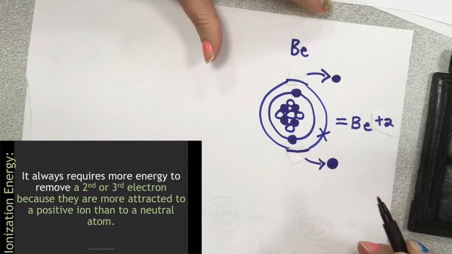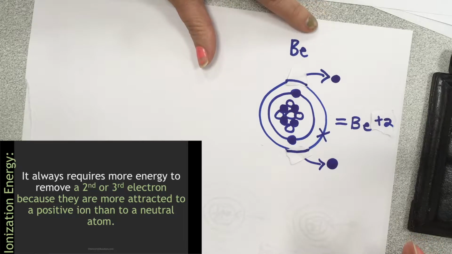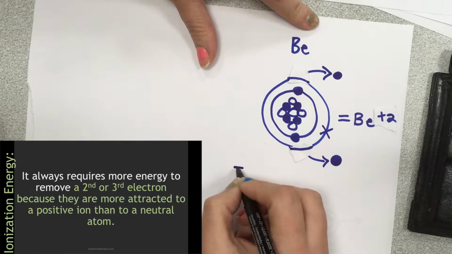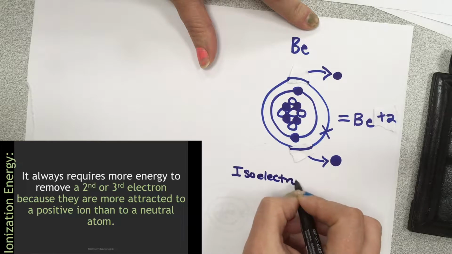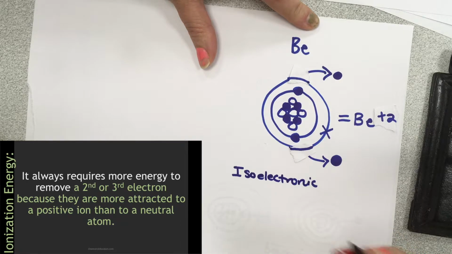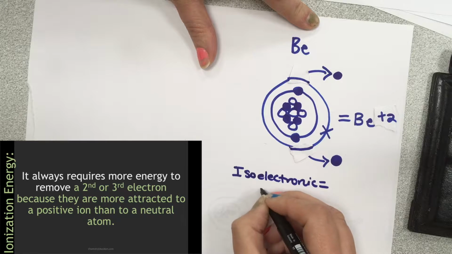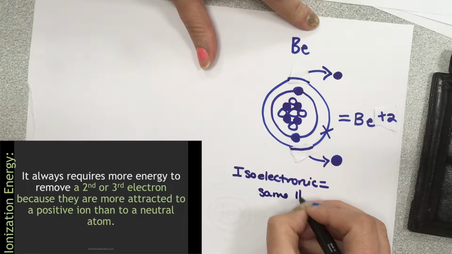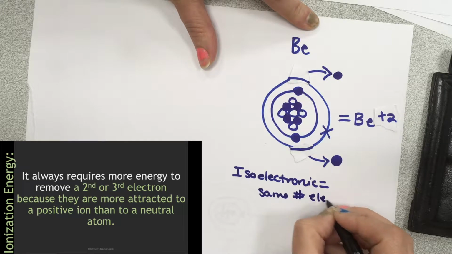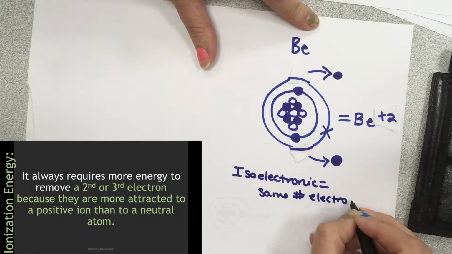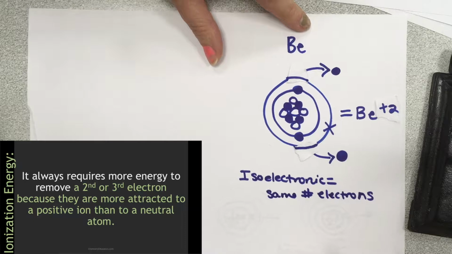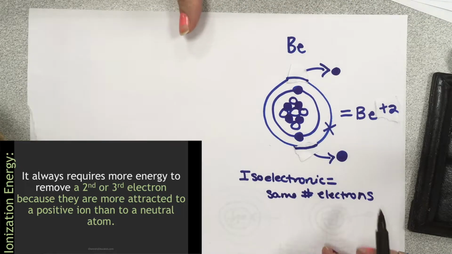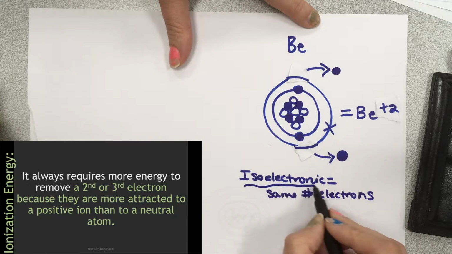So you're going to see a new word in the slide coming up, and that word is called isoelectronic. All that means is same number of electrons. That's all it means. Don't be confused by any of these words in chemistry. They all have very simple definitions. So isoelectronic just means same number of electrons.